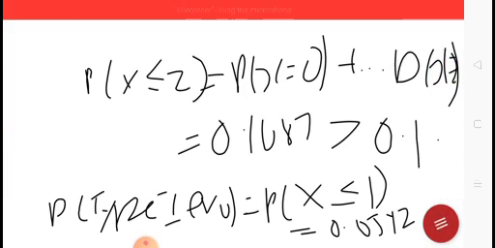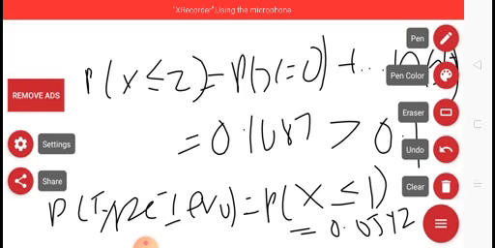Okay, for part 2. Given that the measured value of white blood cell count after treatment is 2, carry out the test. Now you have 2. So ask yourself, is 2 in the critical region or not?